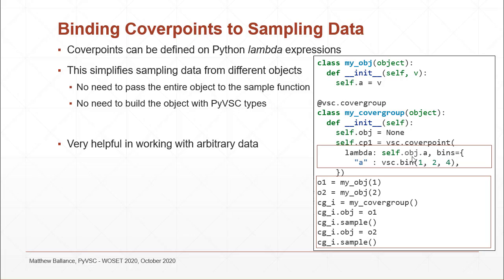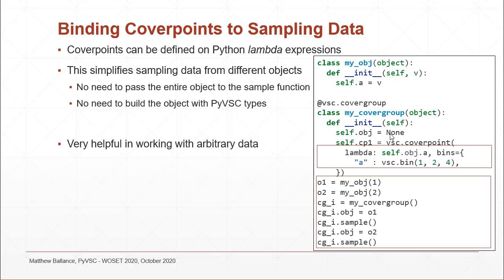So a lambda expression is a callable object that returns a value. In this case, it's going to evaluate the object.a reference within this class, and whatever the object is currently pointing to, it's going to return the A field. This is nice because, first off, notice that my object here is not a PyVSC object. There's no decorator.